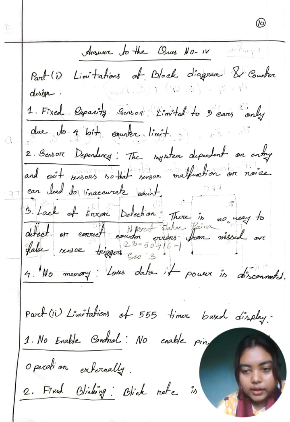Lack of error detection: no way to detect or correct counter errors from missed or false sensor triggers. No memory: the system loses data if power is disconnected. 555 timer limitations: display timers have no enable control and a fixed blinking rate determined by components.